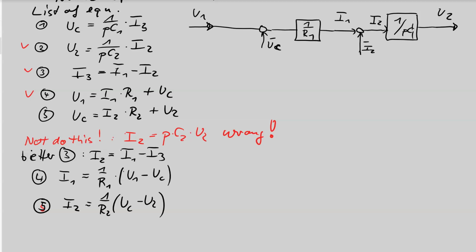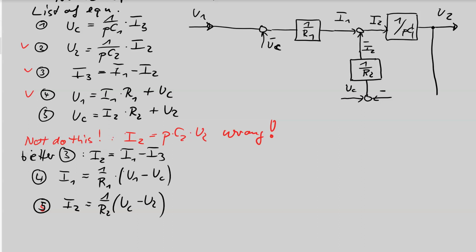So I2 is the output of a block function with the function 1 over R2, and the input of this summing point is the open input UC with a positive sign, and the second input is U2 with a negative sign.